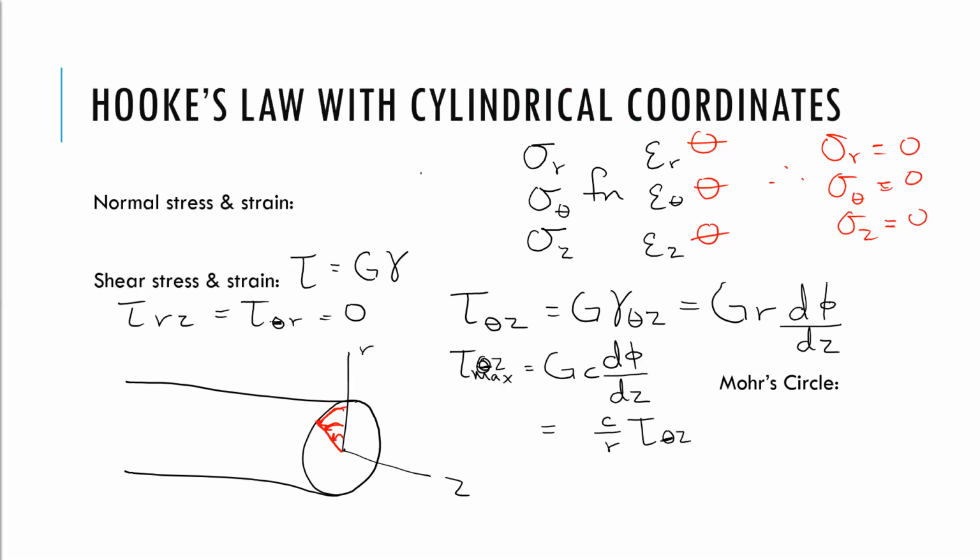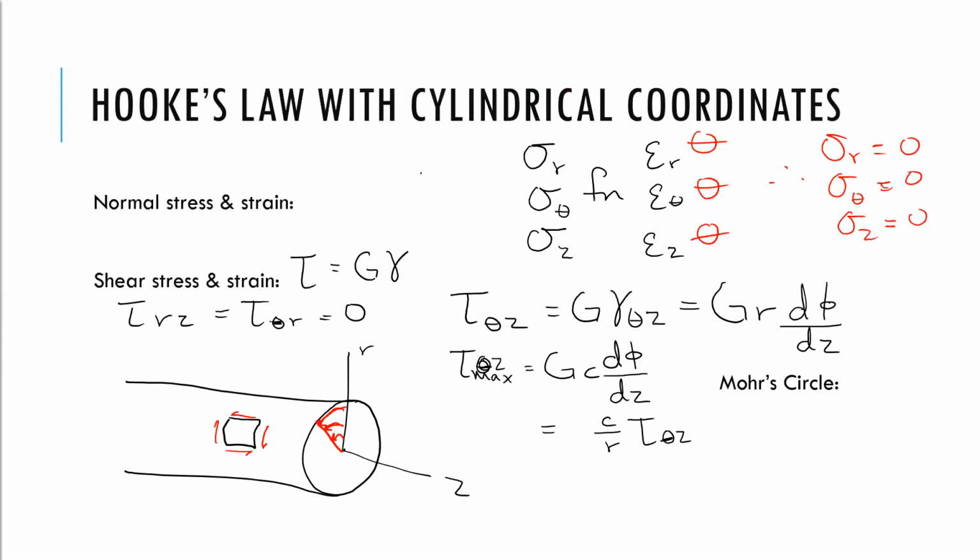So those shear components are always directed in the theta direction. They're going to be kind of making a circle around the cross section. If we have a material element out here with sides that are in the theta and Z direction, this is going to result in some type of shear. And there will be no normal stresses, just shear, right?